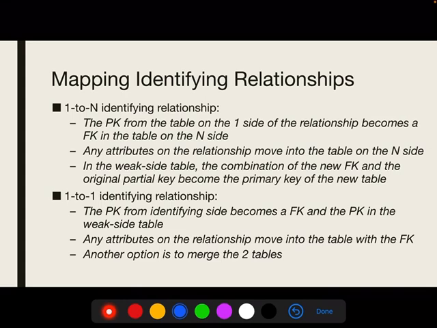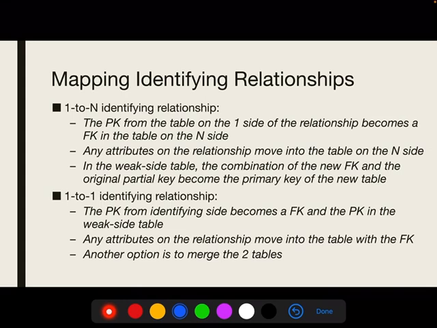So now let's talk about identifying relationships and their corresponding weak entities. If you have a one-to-many identifying relationship, which is the most common, then you do the same thing as with the regular one-to-many relationships.